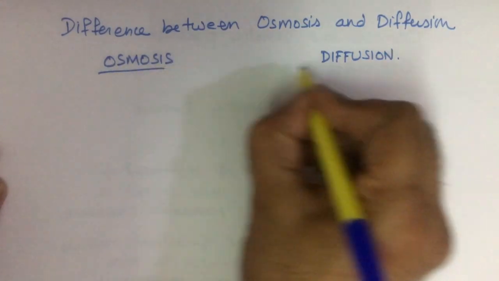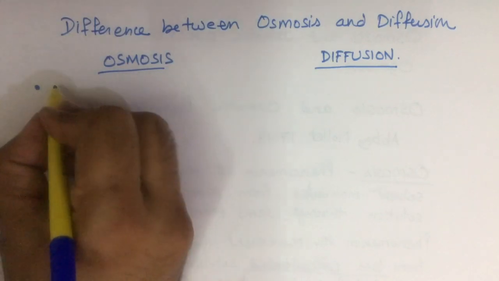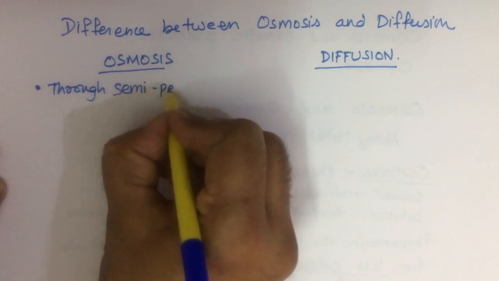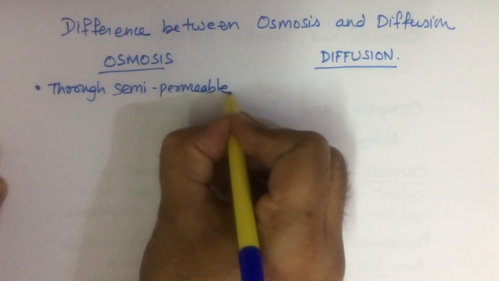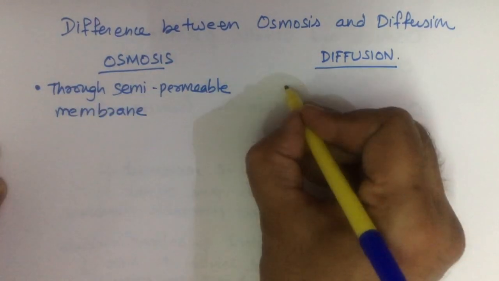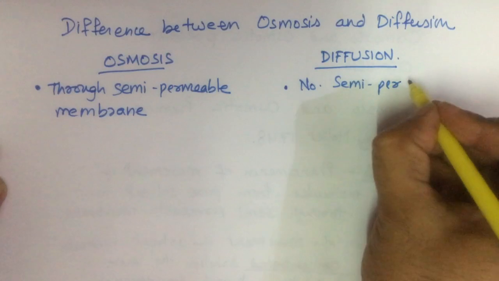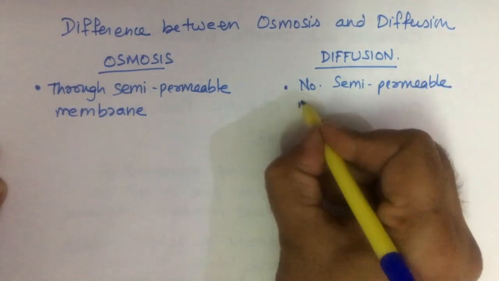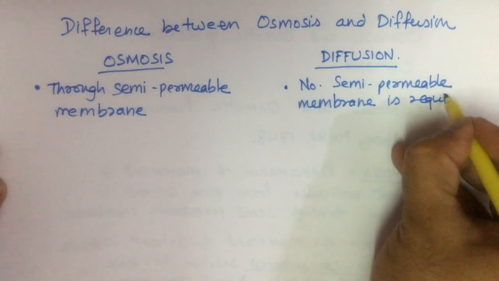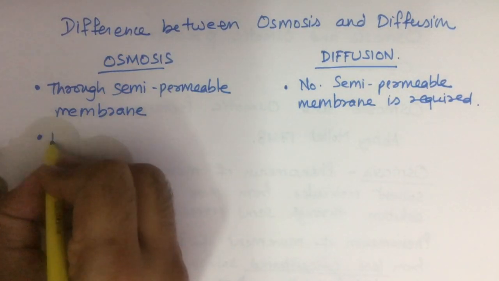Let's compare them. A very major point: osmosis takes place through a semi-permeable membrane. In diffusion, no semi-permeable membrane is required.